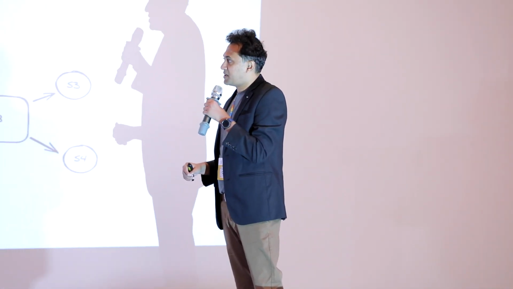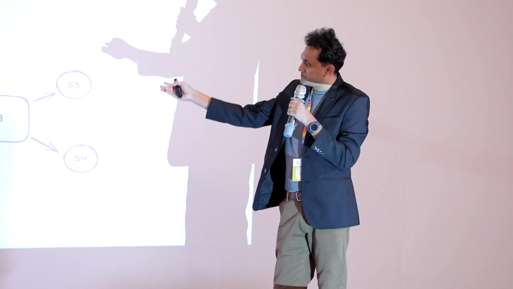So say system 1 wants to communicate with system 3. In this case, system 1 just sends a message to the message broker, and then via the message broker, system 3 can consume the message and do something meaningful. In this context, we say system 1 is the producer and system 3 is the consumer. This type of architecture has its benefits.